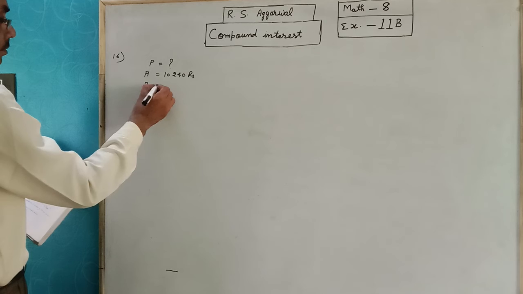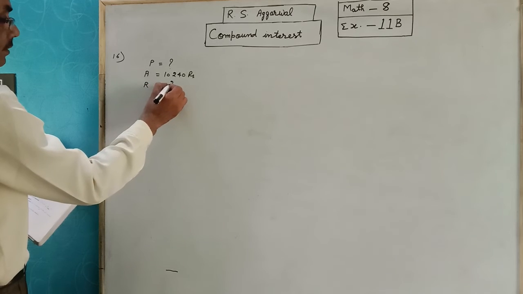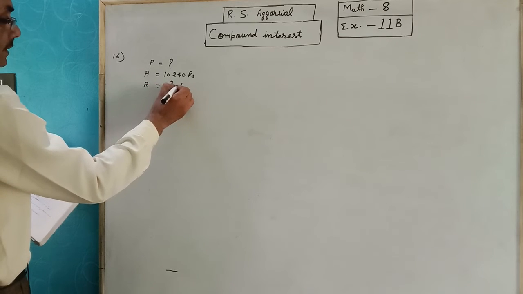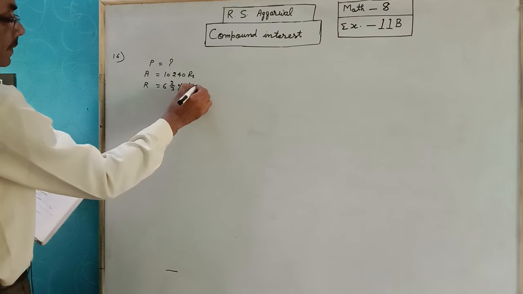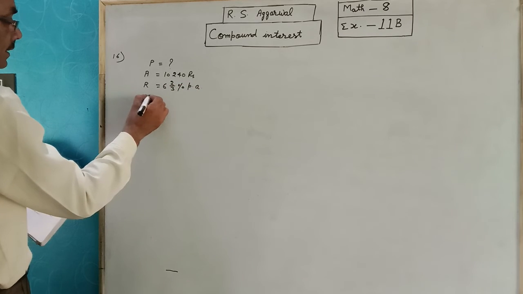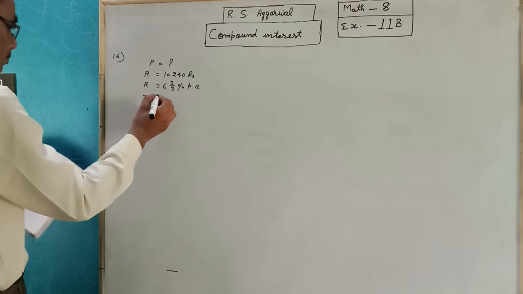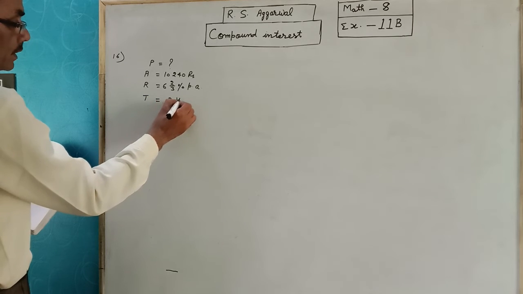R is equal to 6 whole 2 upon 3% per annum. Time is equal to 2 years.